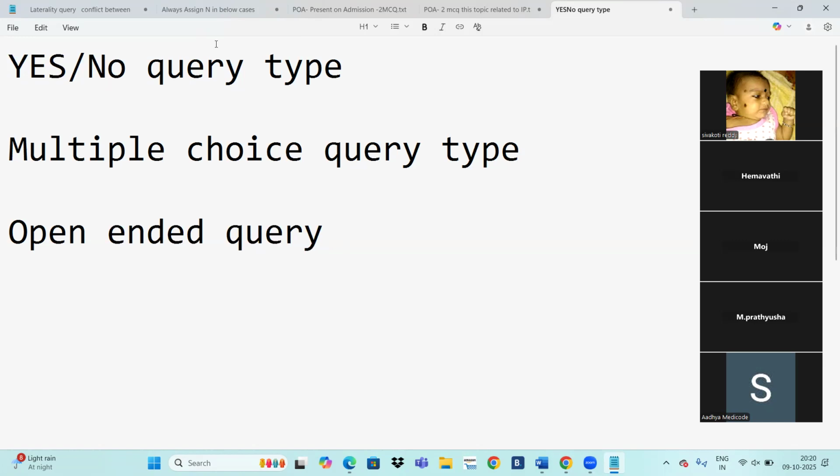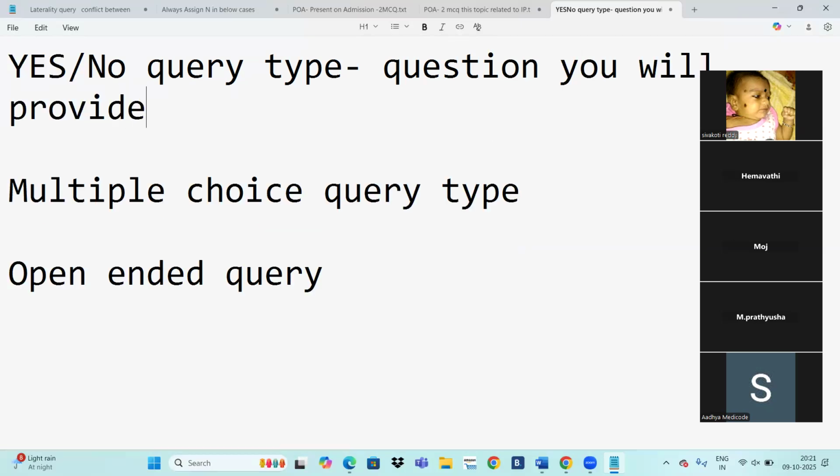First, the yes or no query format. Yes or no means question type. You will provide only 2 options to the physician. Within two options, we need to get the answer. So please tell me, does the patient have it or not? Yes, no. Suppose a pathologist documented adenocarcinoma. We just need to confirm whether the patient has adenocarcinoma or not.